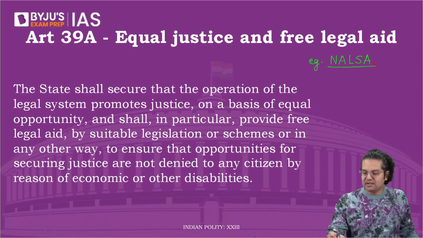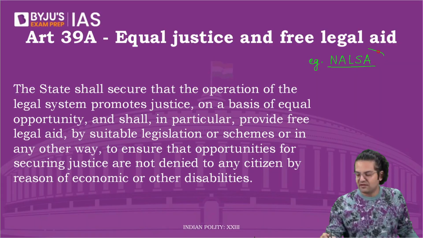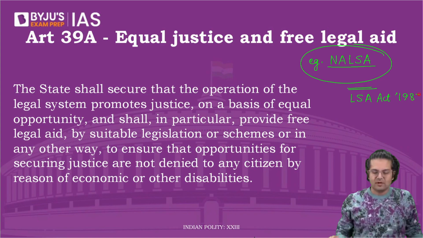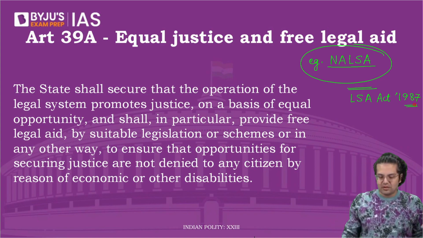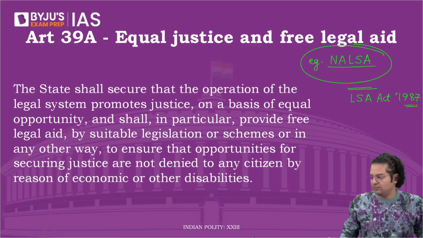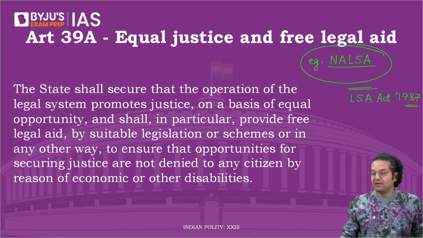So the entire structure of the Legal Services Authorities Act of 1987, which provides for NALSA, is to ensure justice for the people who may not be able to afford justice, because justice in our country is very costly.